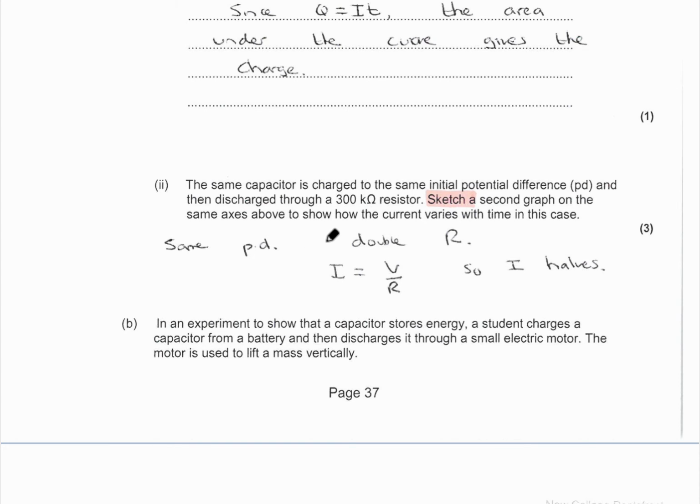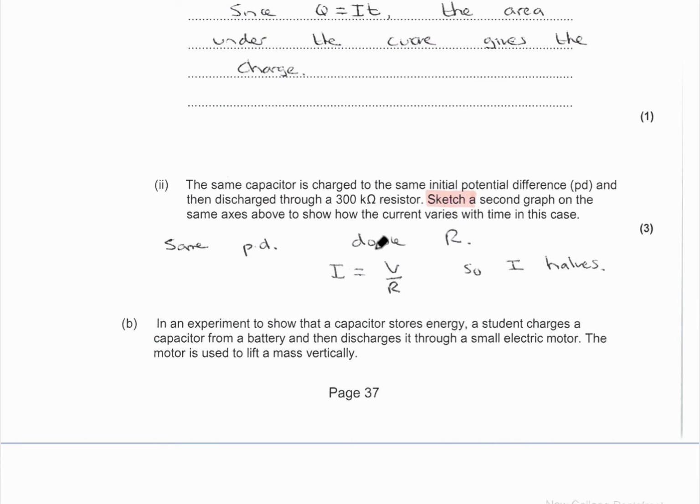If we do that, then basically we're now discharging the capacitor through a resistor that's twice as big. Now we're told that it's got the same potential difference when it starts, but we've doubled the resistance, and so using our Ohm's law equation, if the potential difference is the same but R doubles, it means that the current halves.